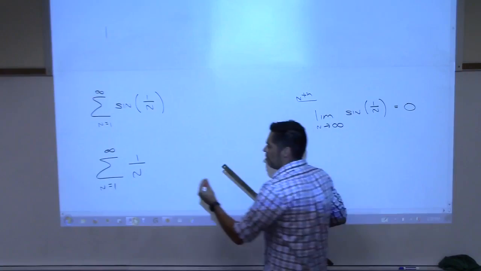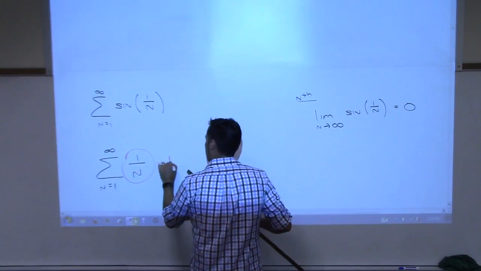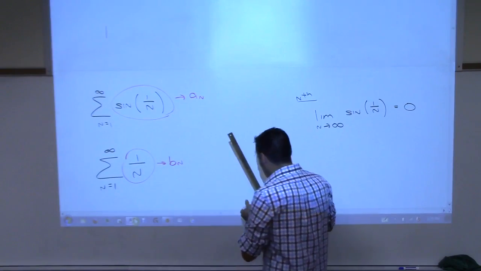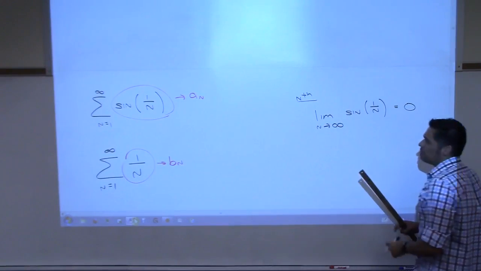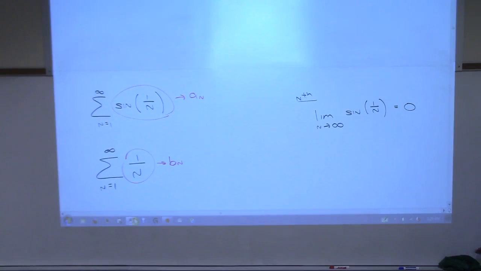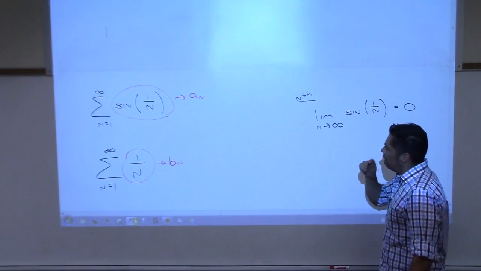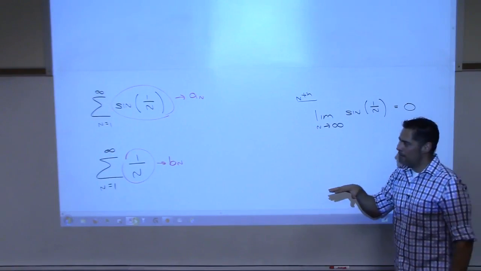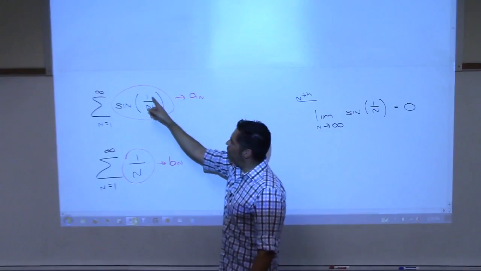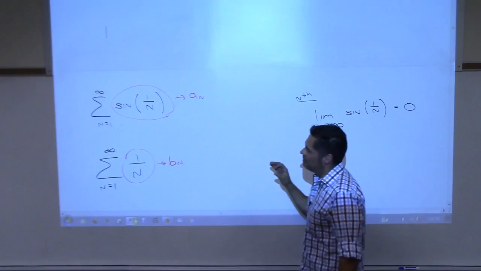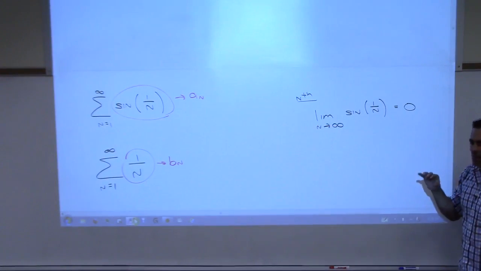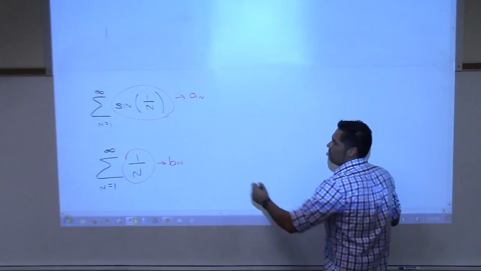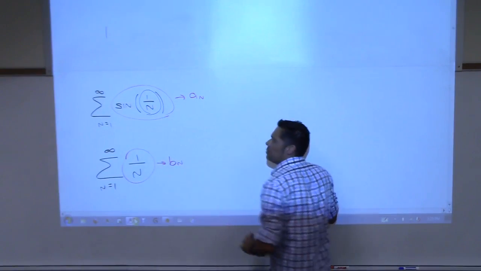We have to make sure that these pieces are bigger than 0. In my 9 a.m. class earlier today, I don't want to say I made a mistake, but I said, look, sine oscillates, so if I do 1 over n, it should oscillate. But if you were to graph sine of 1 over n, what's happening in here is it's headed towards 0.